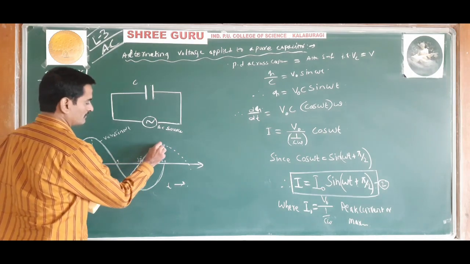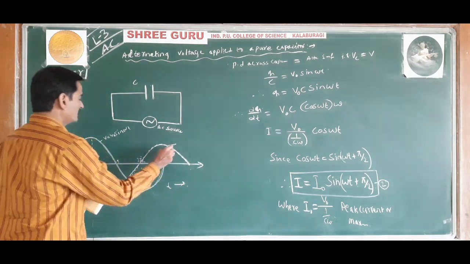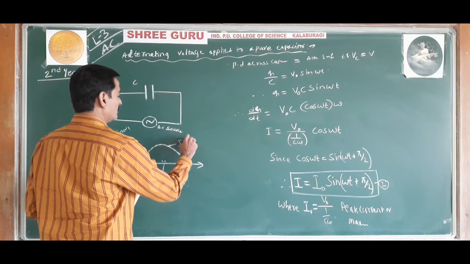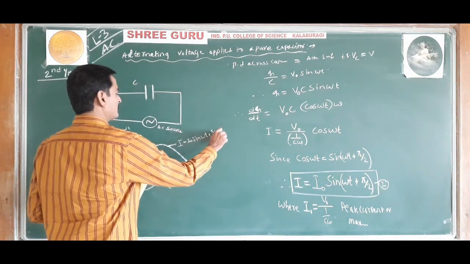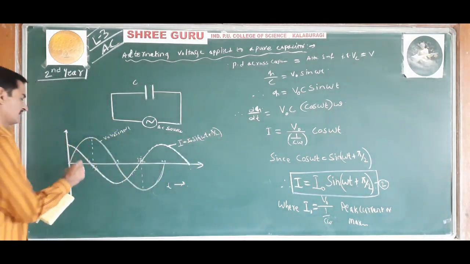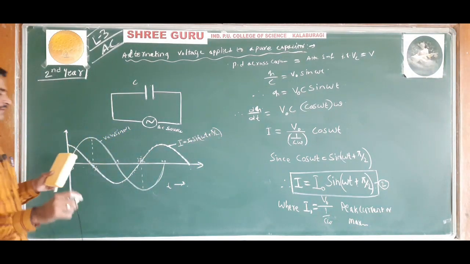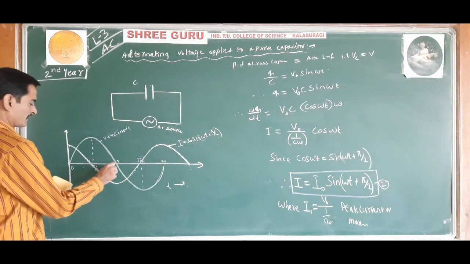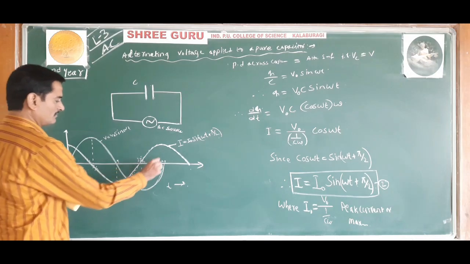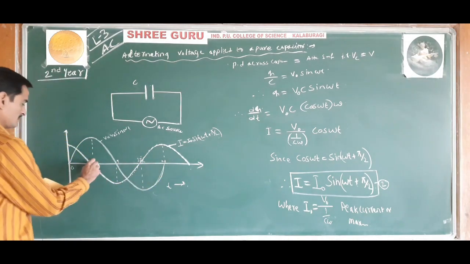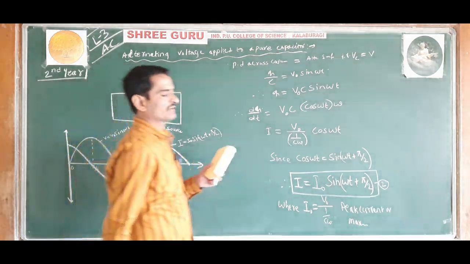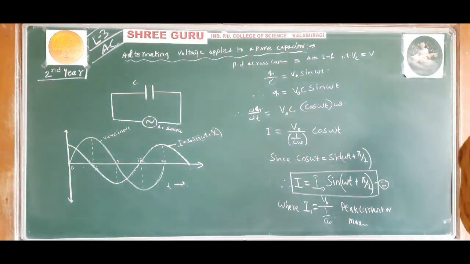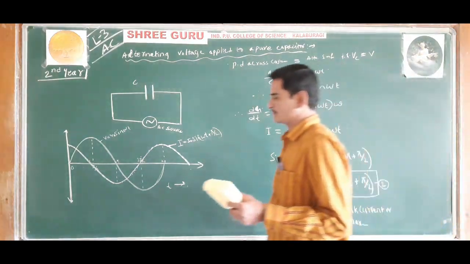This is for current, that is I equal to I naught sin(omega t plus pi by 2). So there is a phase difference of pi by 2 between current and voltage. This is maximum, here it is maximum, and here it is minimum. Understood?